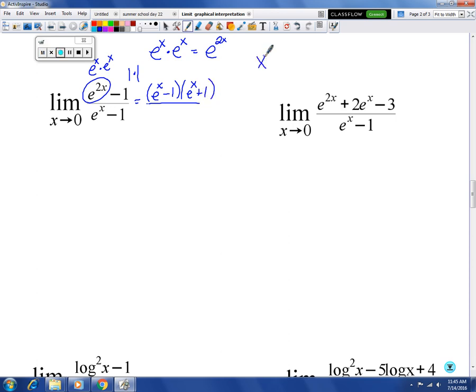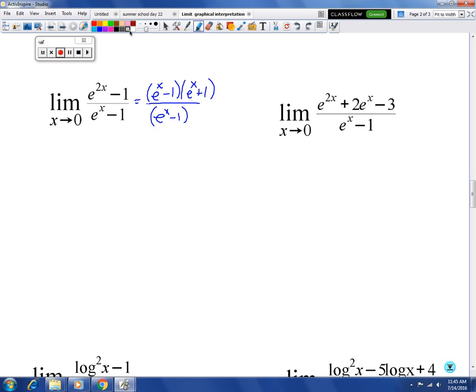Just like x squared minus 4 would factor to x minus 2 and x plus 2, this is how e to the 2x minus 1 would factor. I have the e to the x minus 1 in the denominator. Let me get all this extra stuff off here.